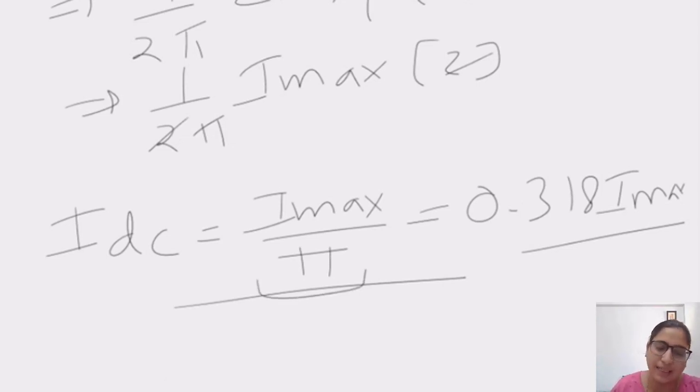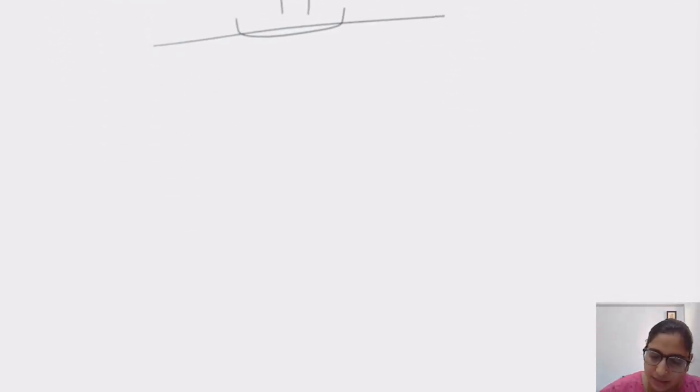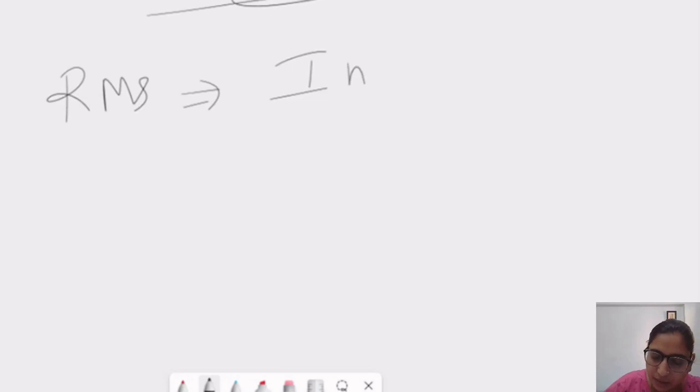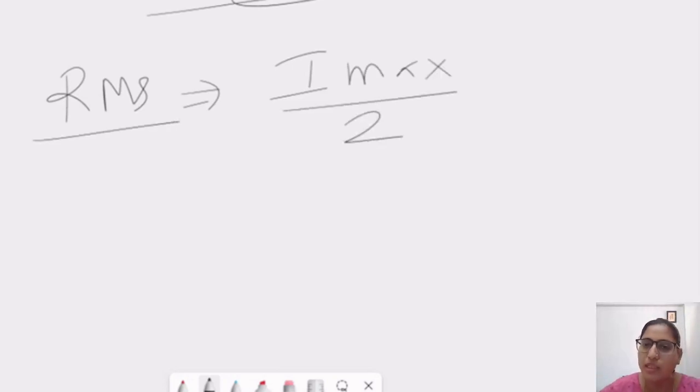Now we will discuss the RMS current. This was our DC current value. Now the RMS value of current. RMS current is nothing but I max by 2. We know that RMS is root mean square. If we are considering root mean square, it means we are considering all the harmonics coming into the output, so we have to divide by 2.